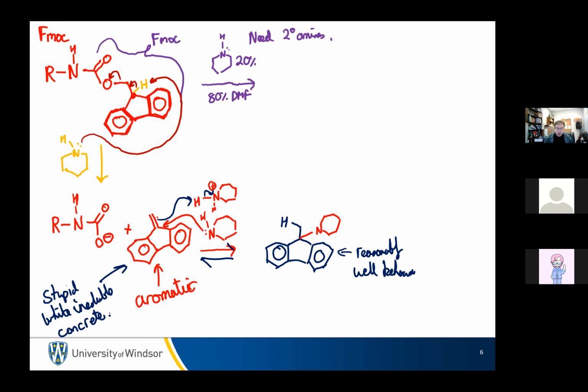It stays nice and soluble in this 80-20 pyridine DMF solution, but as soon as you start trying to purify and change solvents, this white crap falls out and your molecule gets trapped in it and everything's kind of a disaster. So Fmoc is wonderful to take off. It's horrible to isolate.